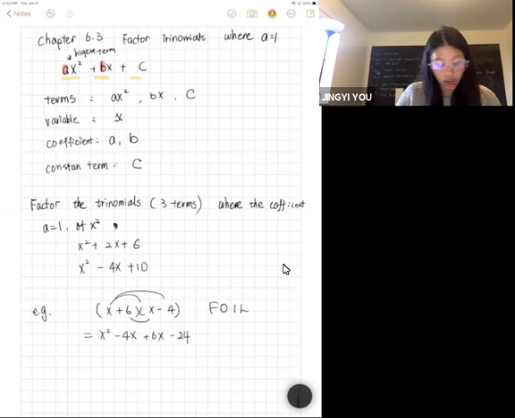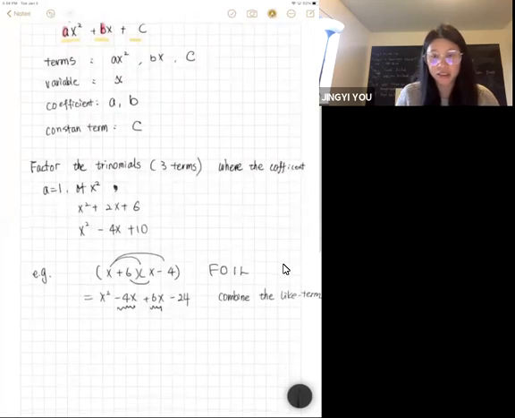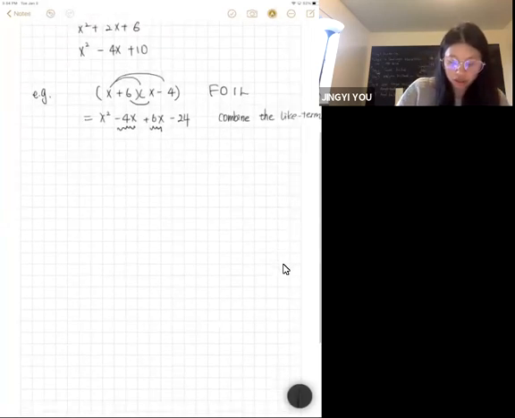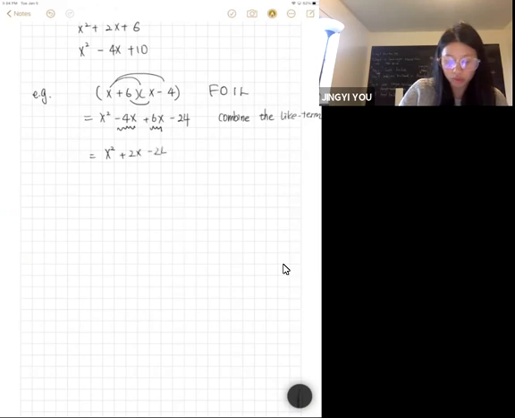Then we combine the like terms, such as negative 4x and the 6x. Since these have the same power of x, they are like terms. So the result is x squared plus 2x minus 24. So here is the FOIL and the answer of the FOIL.